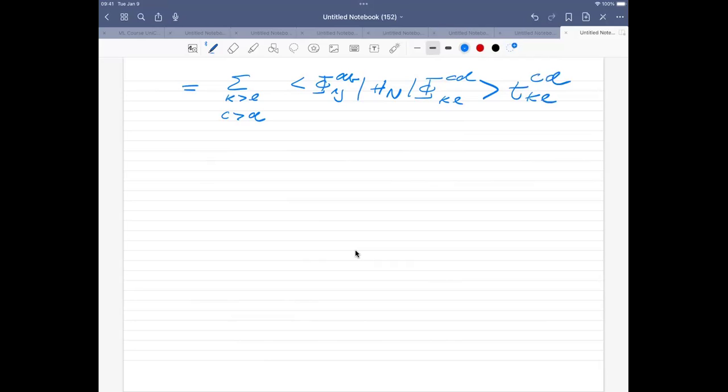What I need to do now is simply calculate the different contributions which I get with the Hamiltonian. There will be a term which only contains the diagonal piece.